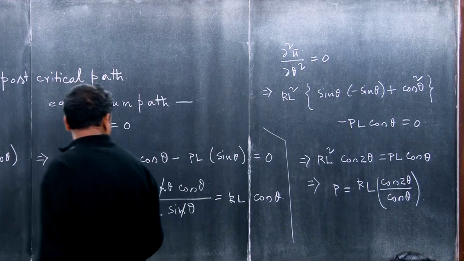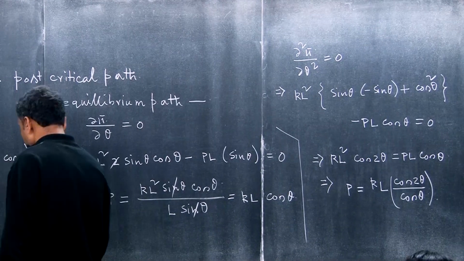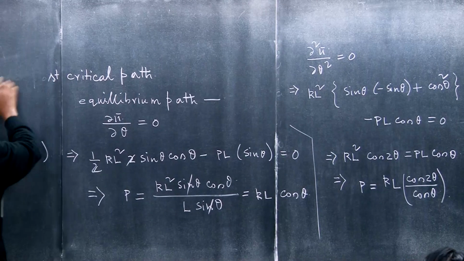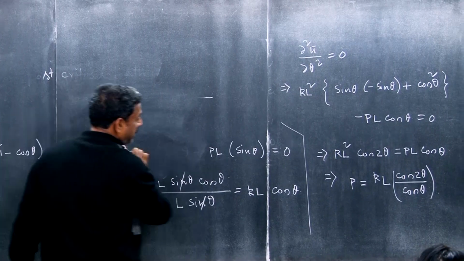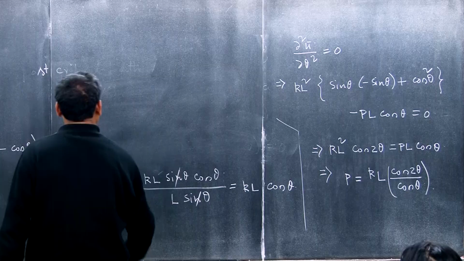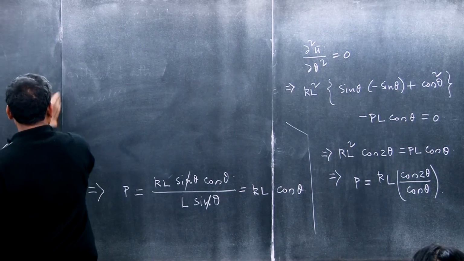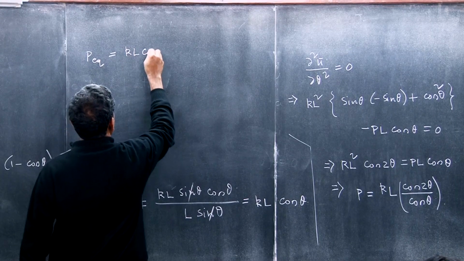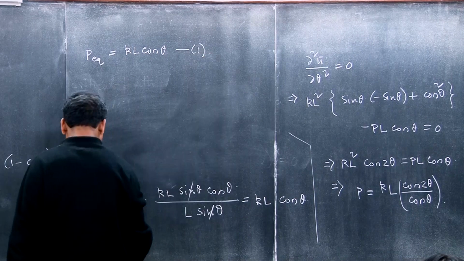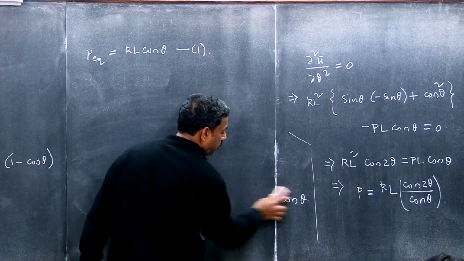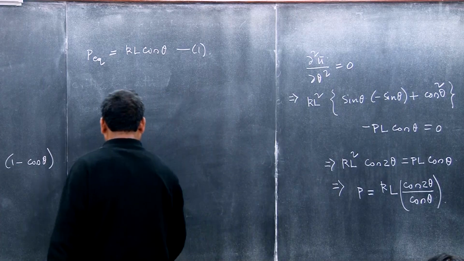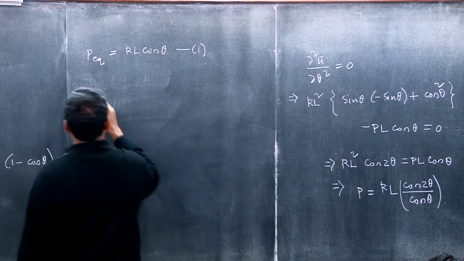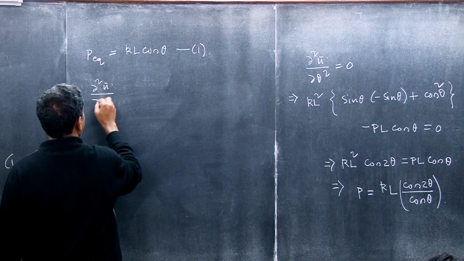Now, let us keep the equilibrium path. Here we will put this P equilibrium as K L cos theta, and we will substitute this equilibrium path into this condition, del 2 pi del theta 2.